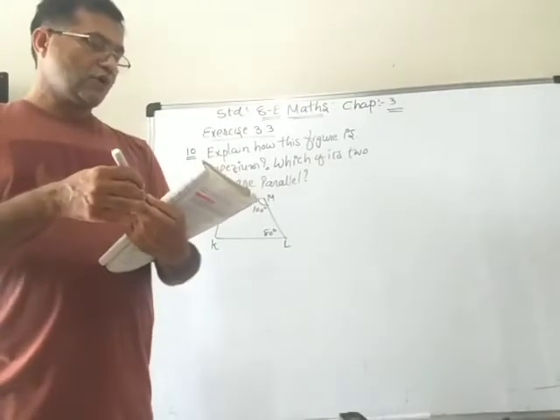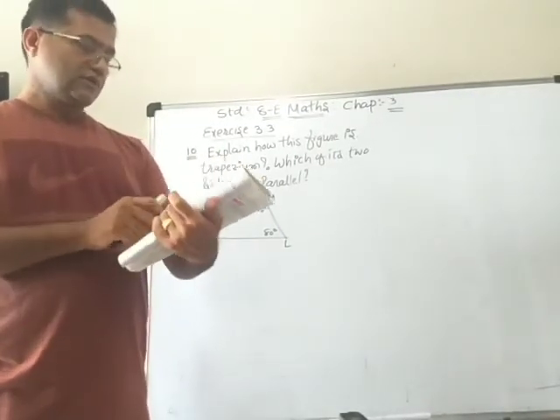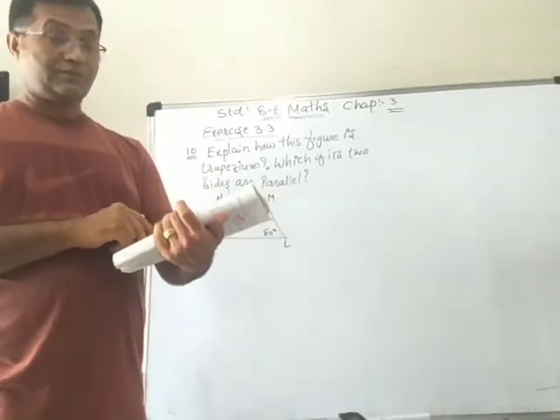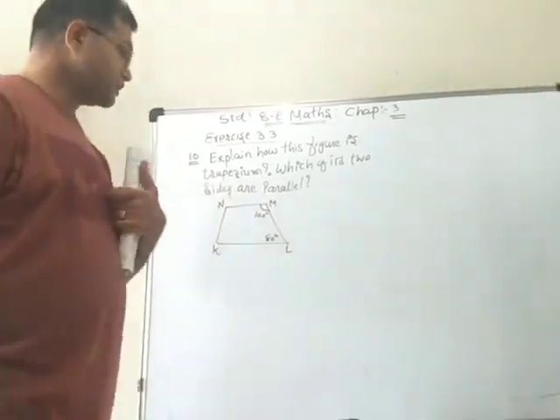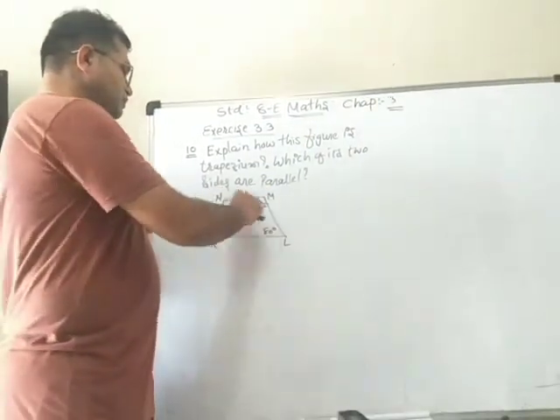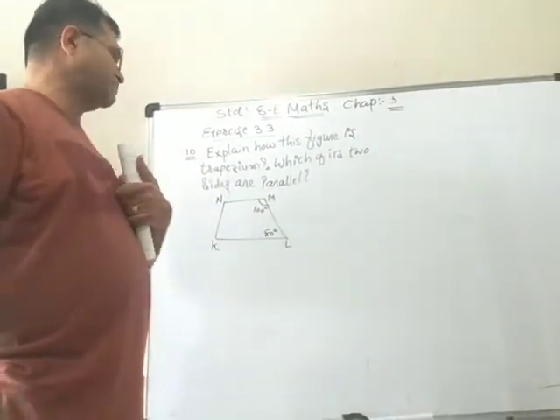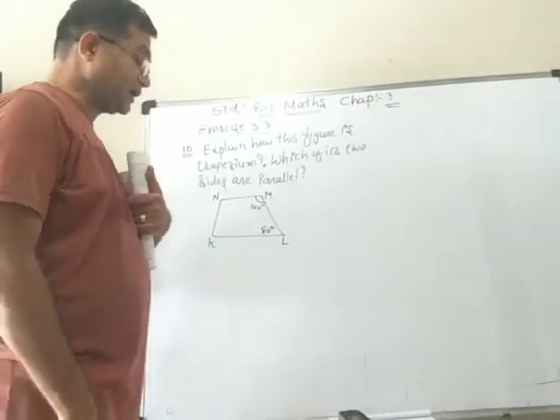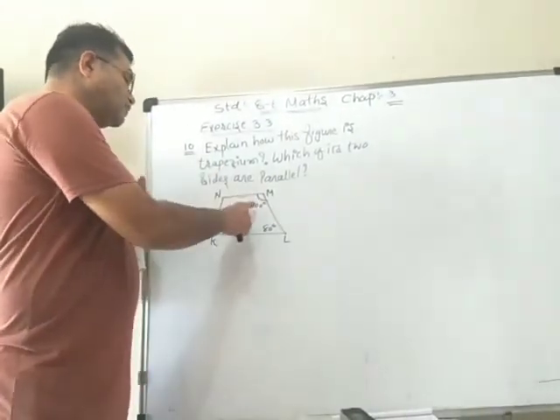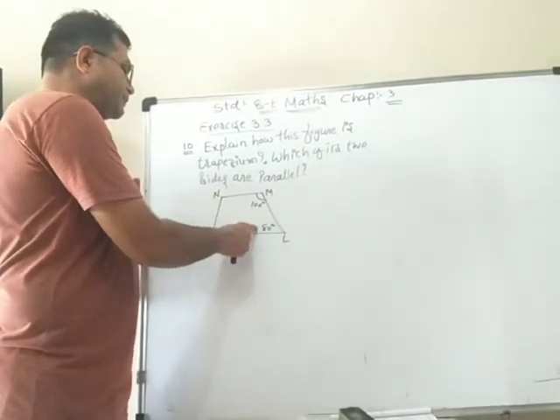Trapezium means opposite sides, one pair is parallel. Then it is known as a trapezium. It means that we have to prove that one of the opposite pairs, NM and KL, are parallel. Now we know that 100 plus 80.